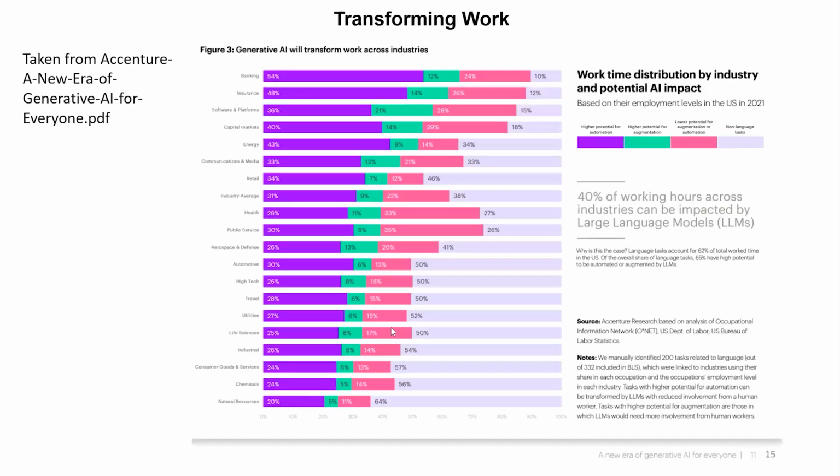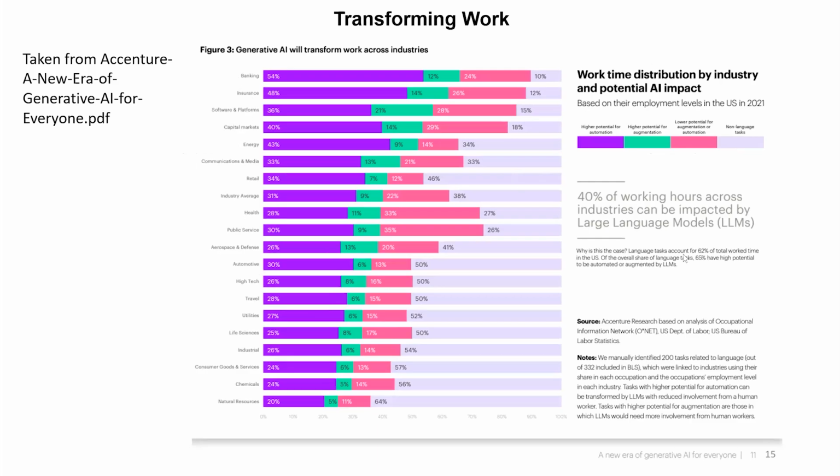So this chart I've shown sometime in July. There are predictions of how the various sectors are going to be affected, so I'm just refreshing your memory. Some of you might still remember this.